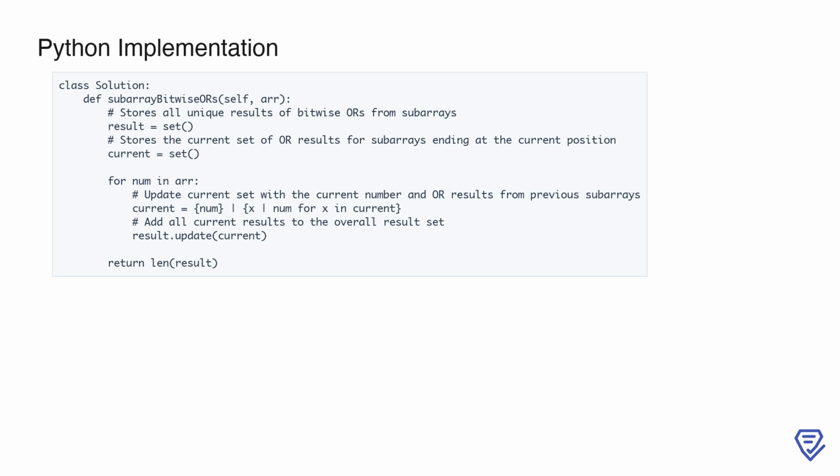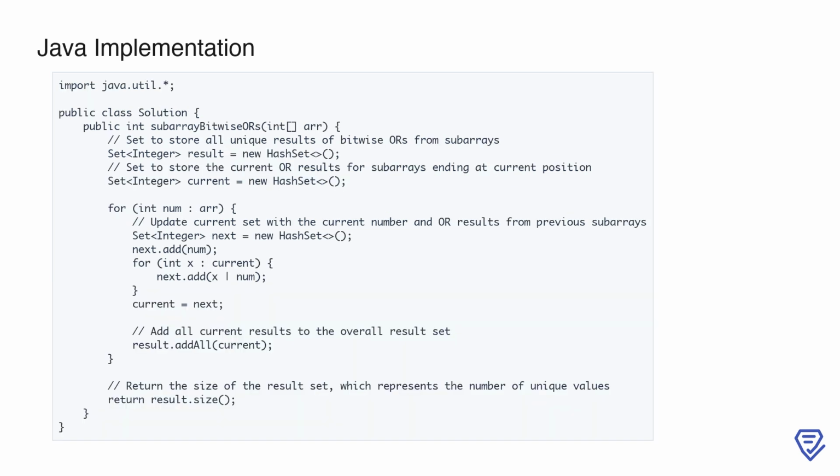This algorithm is highly efficient, achieving near linear performance in practice due to the limited size of the intermediate sets, which are constrained by the number of unique bit patterns in the input numbers. This makes it well suited for the problem's constraints. This is the Java implementation of the LeetCode problem number 898, Bitwise ORs of Subarrays, following the same logic as the provided Python code.